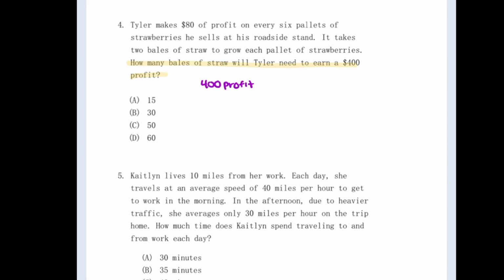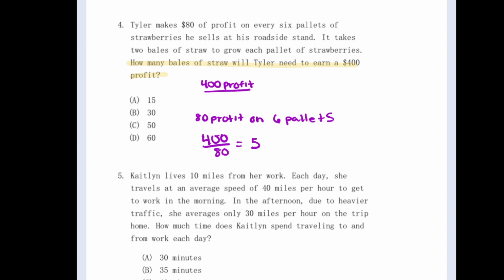So we want to find $400 in profit. We know that he makes $80 of profit on every 6 pallets of strawberries that he sells. So what we want to do is take 400 and divide it by 80. We find that that gives us 5.